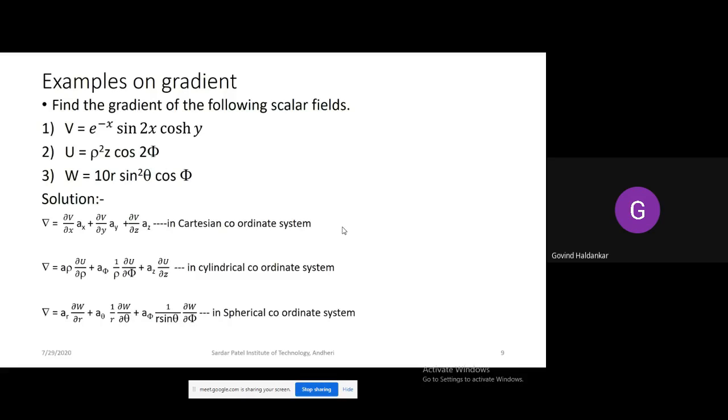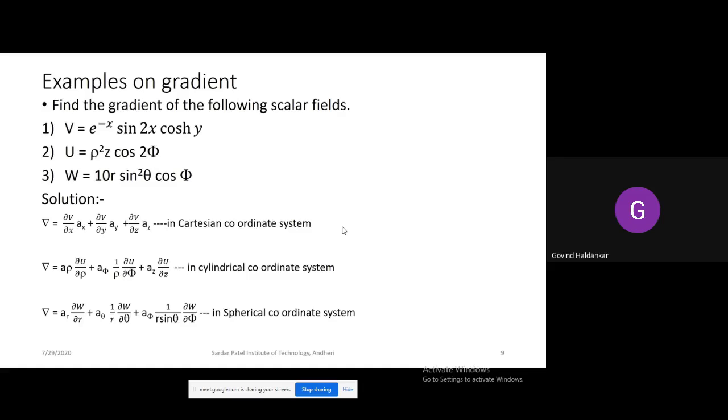The first problem is for the Cartesian coordinate system, so x, y, z are there. The second problem is for rho, phi, z, so the cylindrical coordinate system. And the third problem is for r, theta, phi, so the spherical coordinate system. So these three different coordinate systems are there. If you want to solve these problems, you have to use the equations accordingly.